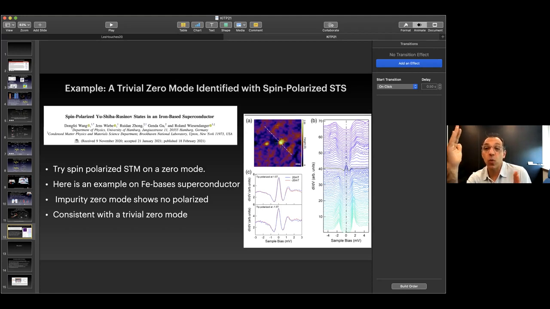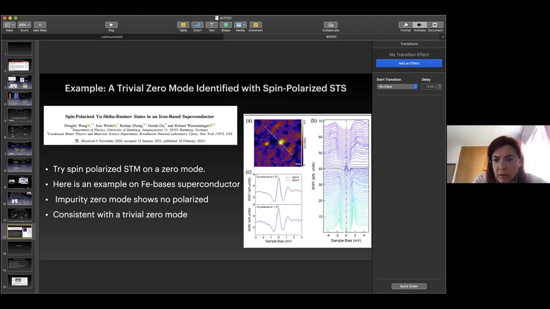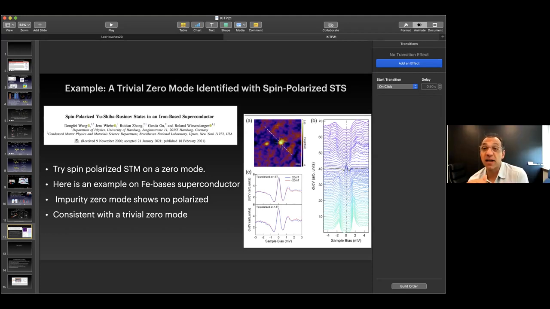But when it appears at zero, this polarization would be exactly equal to the normal state background. So if you're able to measure the spin polarization relative to the background, a Shiba state will have exactly the spin polarization of the background.